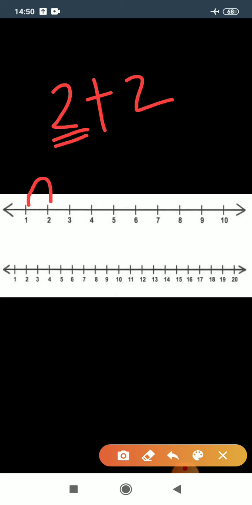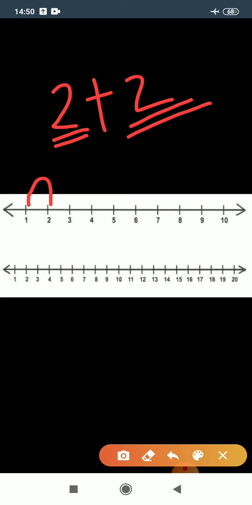Now suppose example number 1 is 2 plus 2. Okay, now with the help of this number line we are going to add these two numbers. So first of all my number is 2. So my first jump will be on 2. Okay, after that I need to jump 2 steps on this number line.